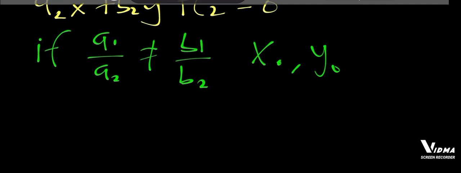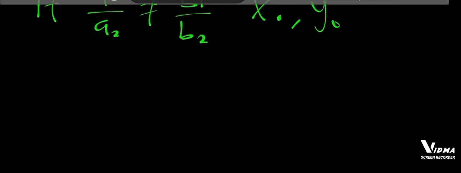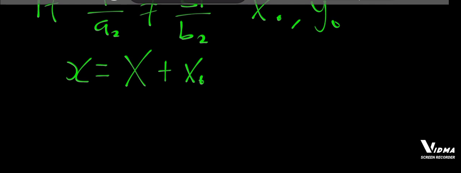Because our unknown variables are two, x and y, so we are going to get x naught and y naught. Okay, and we are then going to let our x be capital X plus that x naught we got from our solution, and our y is going to be substituted with our capital Y plus y naught.